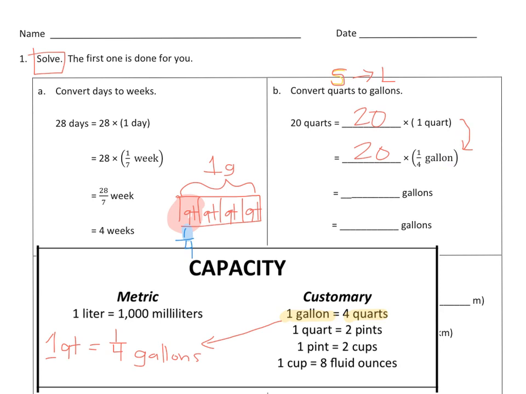Now, when we take 20 and multiply it by the 1/4, all we're going to do is take the 20 and multiply it by the 1, and that's going to give us 20. And then it's going to be over 4. Because if you think about it, 20 times 1/4 also means 1/4 plus 1/4 plus 1/4 plus 1/4, 20 times.